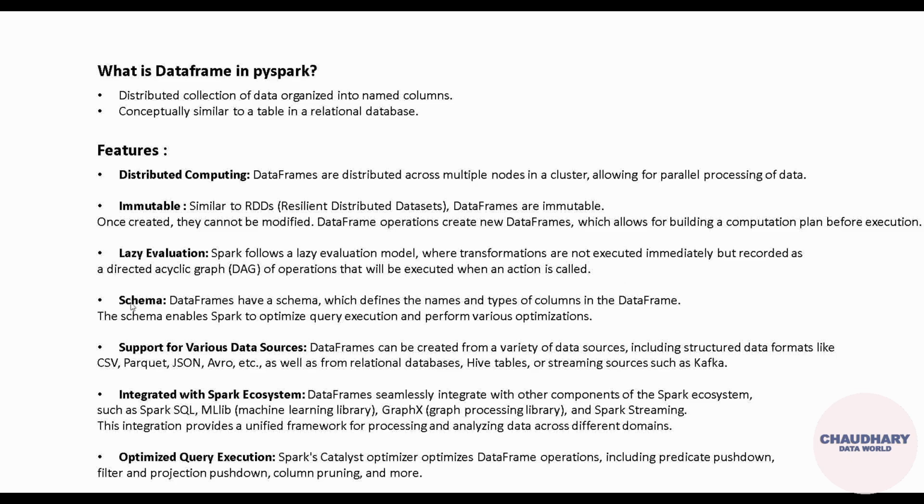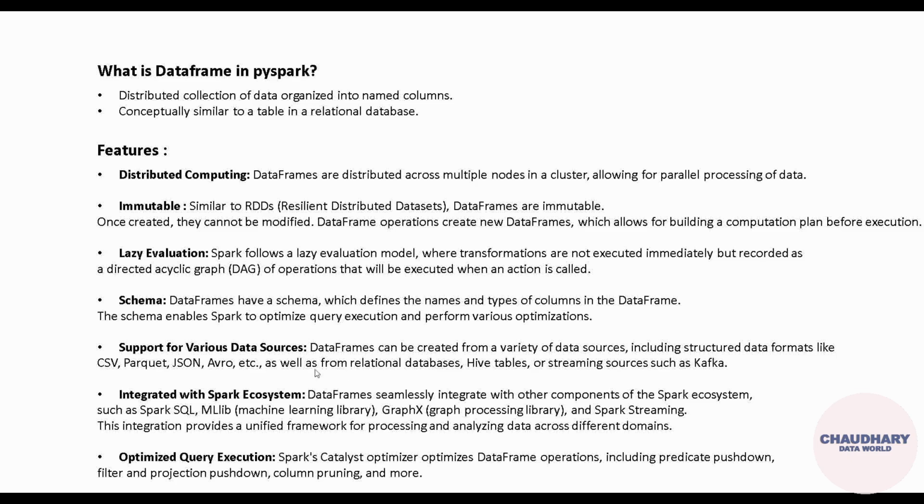Coming to schema, a data frame has a schema which defines the name and type of each column in the data frame. The schema enables Spark to optimize query execution and perform various optimizations. So it has a well-defined schema, but in RDD we don't have a well-defined schema.